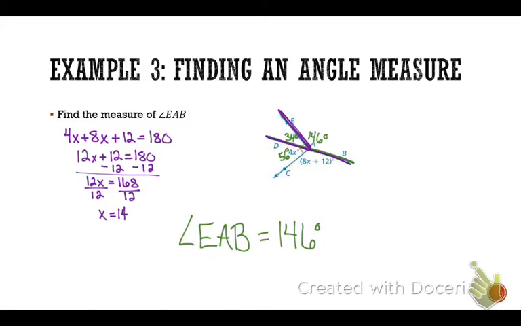Right, so if I plug in 14 for x here, and I add 12, what did you say, 124? Okay. What do you get when you do 124 plus 146 plus 34 plus 56? 360 degrees. Okay, and it does always add up to that.